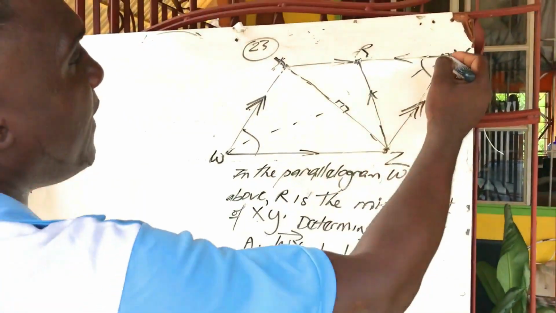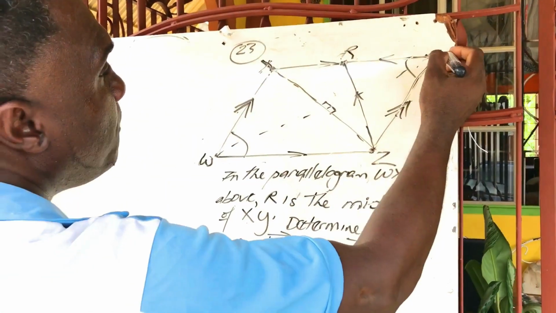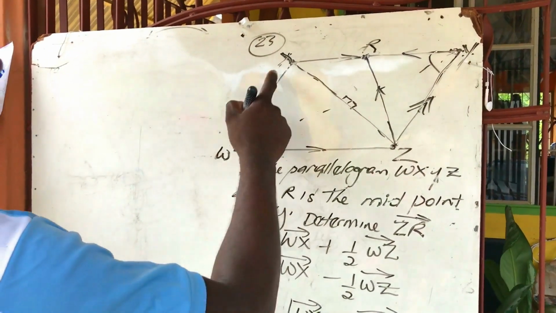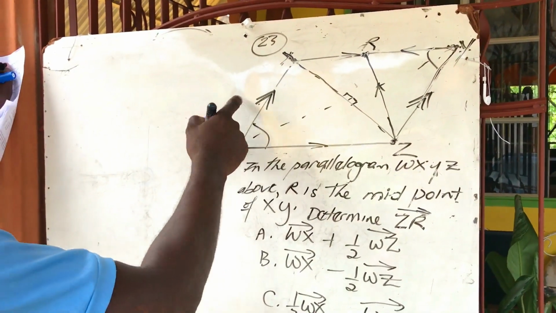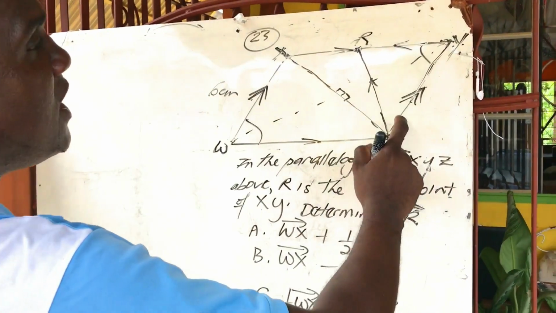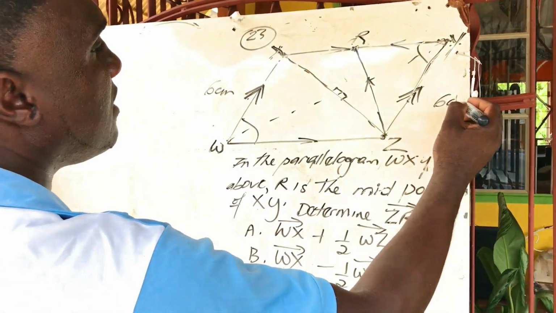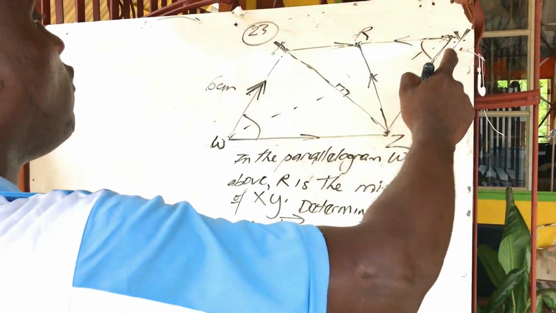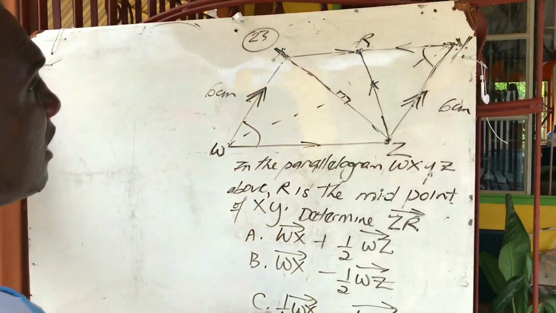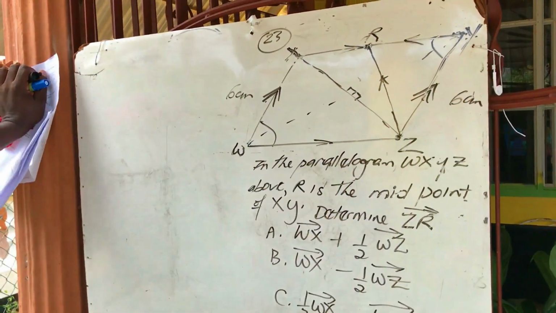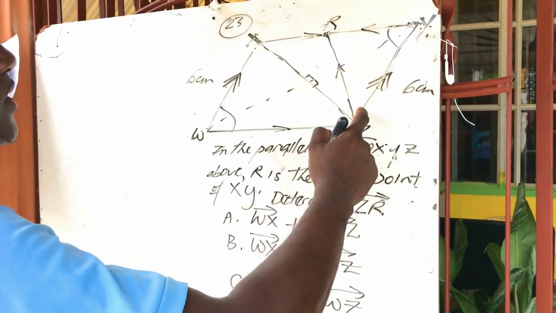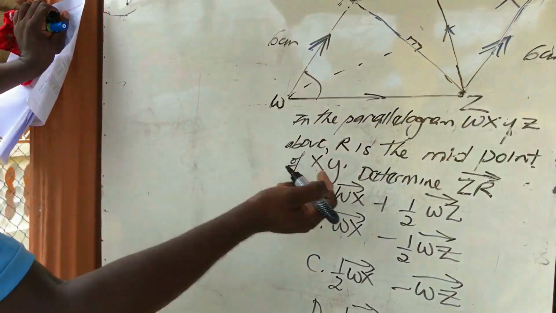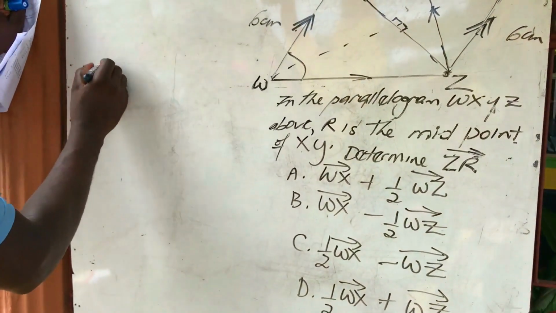Now, let us reflect on something. If on a parallelogram WX is 6 centimeters, then ZY is also 6 centimeters. So it follows that ZY is the same thing as WX, as long as it is going in the same direction. So for vector ZR, let us work it out.